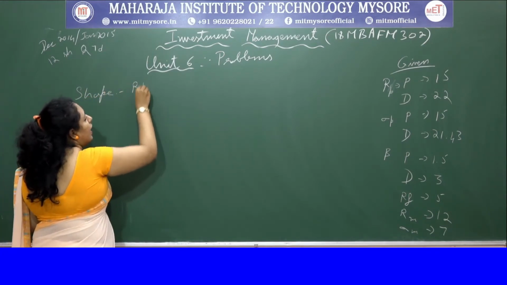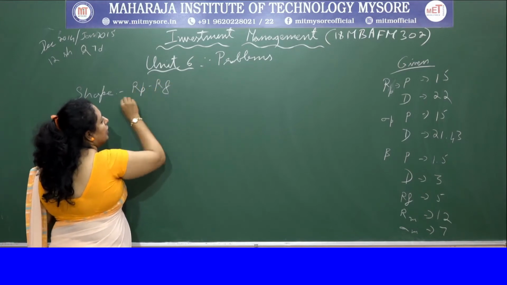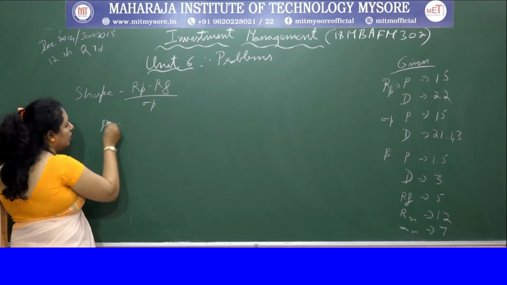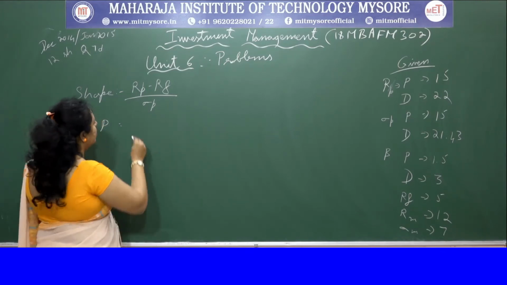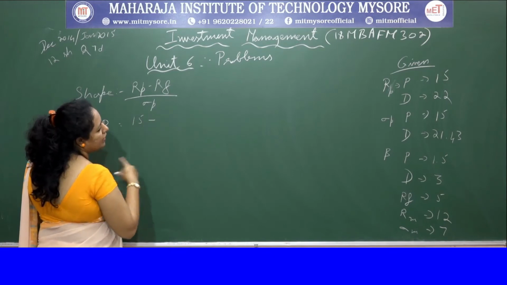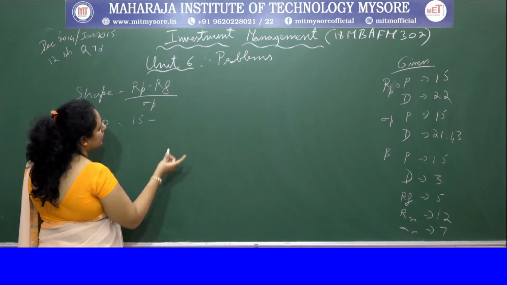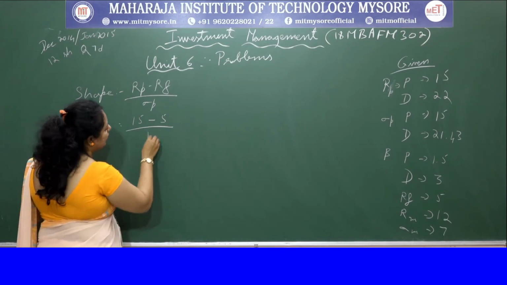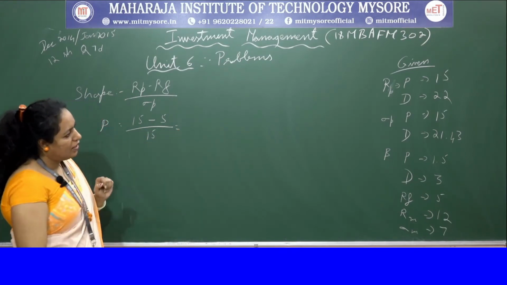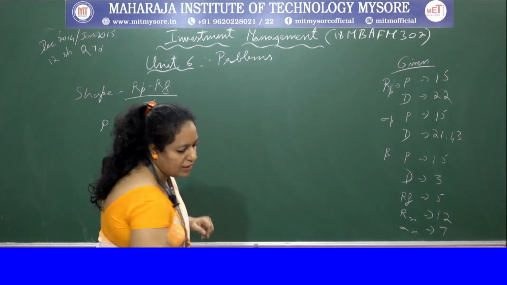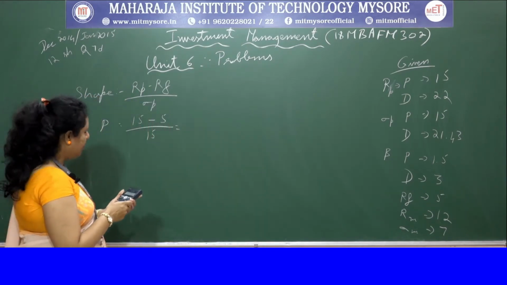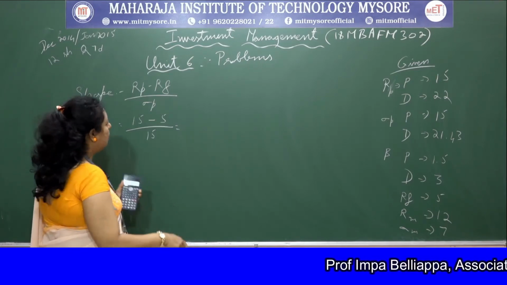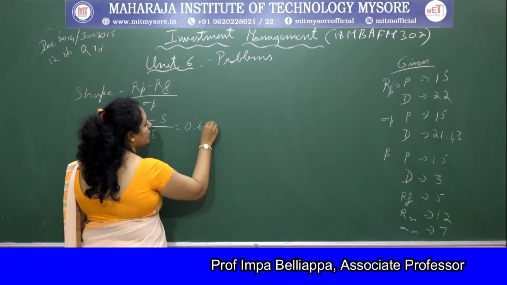The formula is RP minus RF divided by standard deviation P. So first is Pearl. Pearl RP is 15 minus RF is 5 divided by standard deviation of Pearl is 15. So 10 divided by 15, you get 0.67.